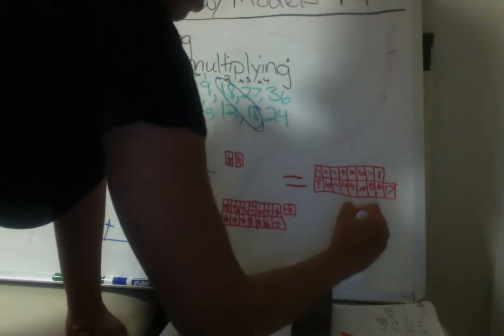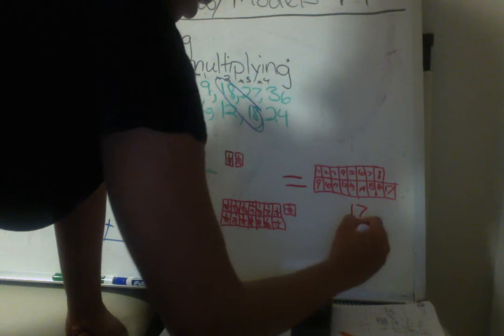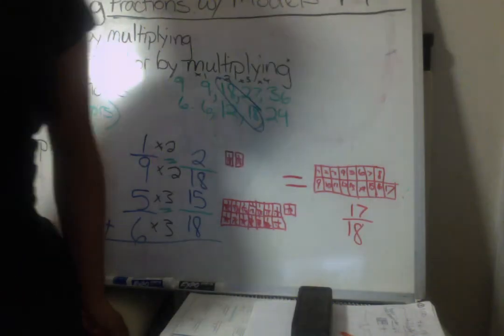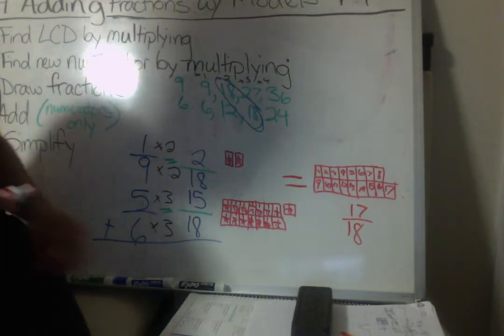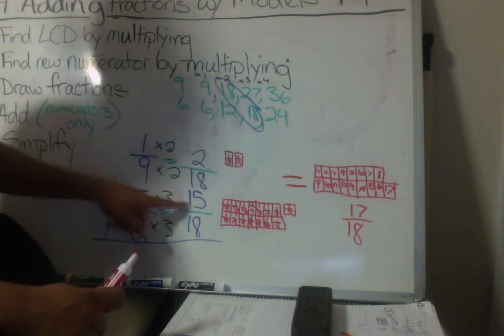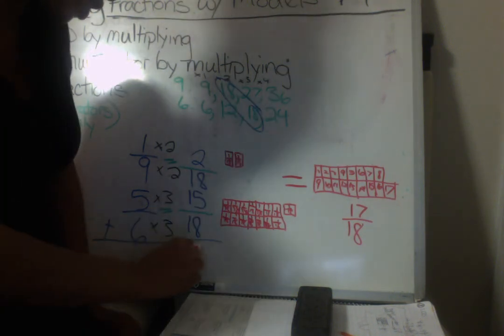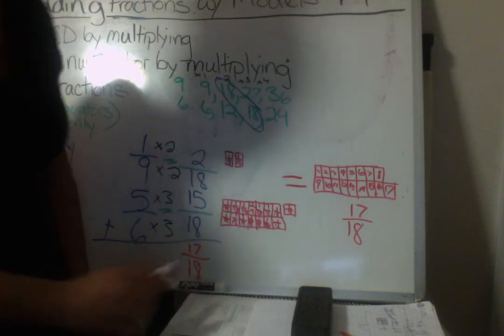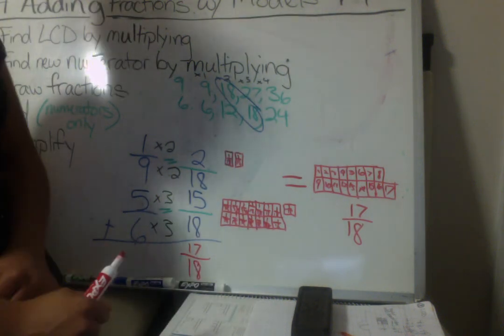So you have a total of 17 out of your 18 pieces. Coming back to this side, 15 plus 2 is 17. Denominator stays the same. 17 18ths.